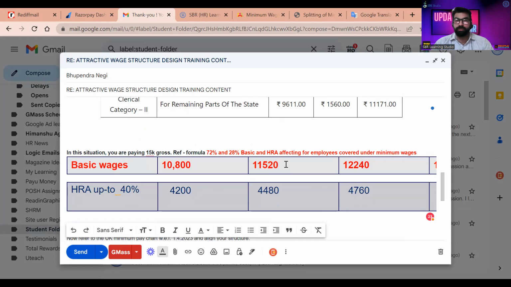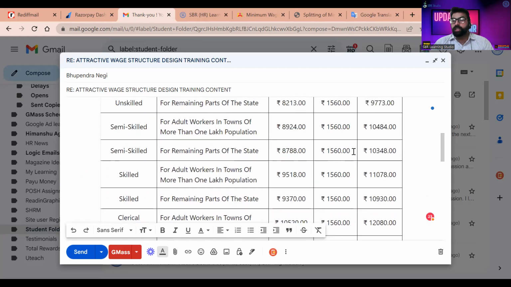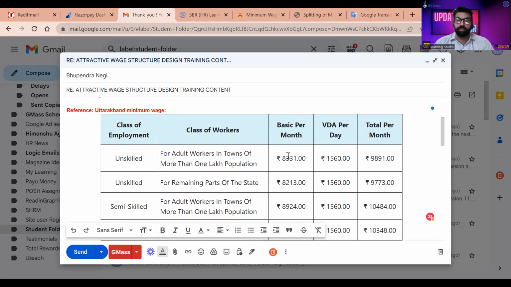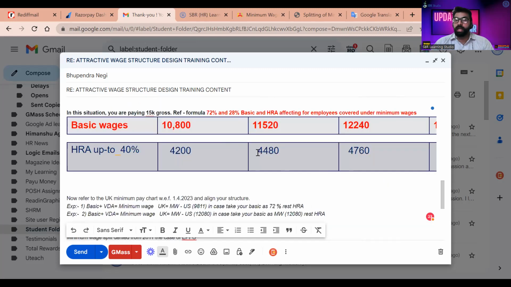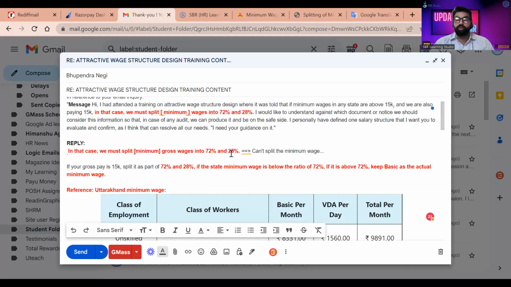Then you can align your minimum wage or basic pay accordingly. Be cautious when designing, and do not split your minimum wage any further. It was provided in reference to your gross wages, which is why it was marked in red.